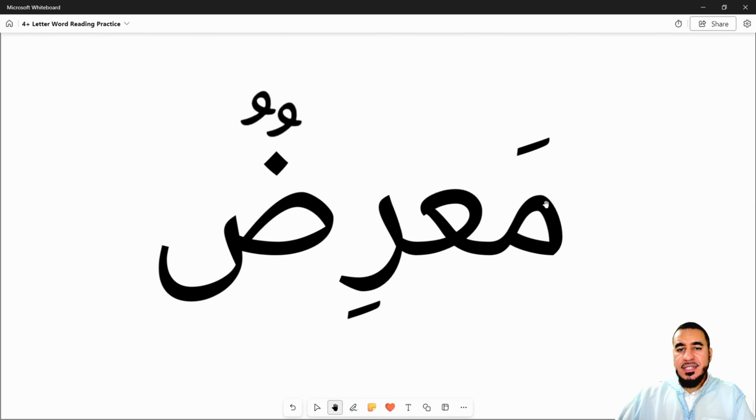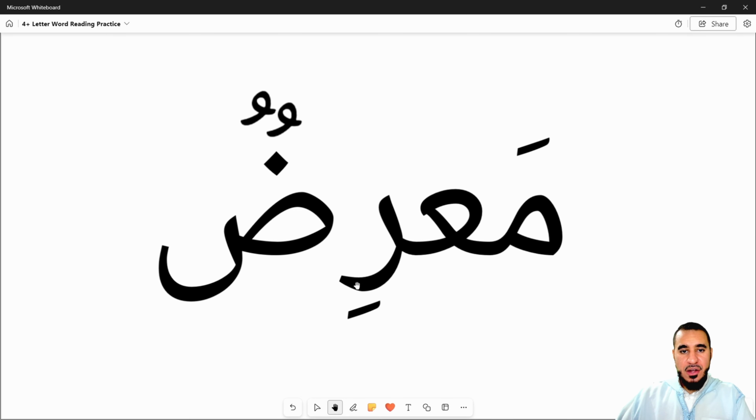And then we have this word here, the mim with the fatha, the ayn, not the ghain, and not a fa. This is an ayn, and it doesn't have any haraka above or below. So it means it has a sukoon. So there is no vowel on this letter. So it would be read as ma, ma.